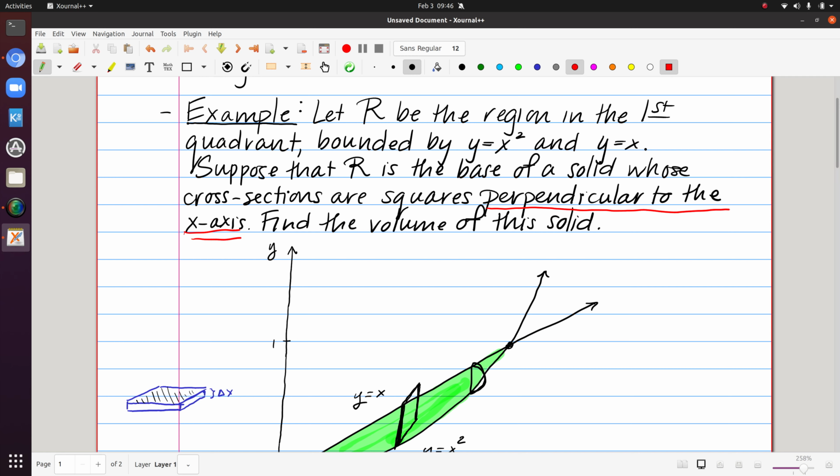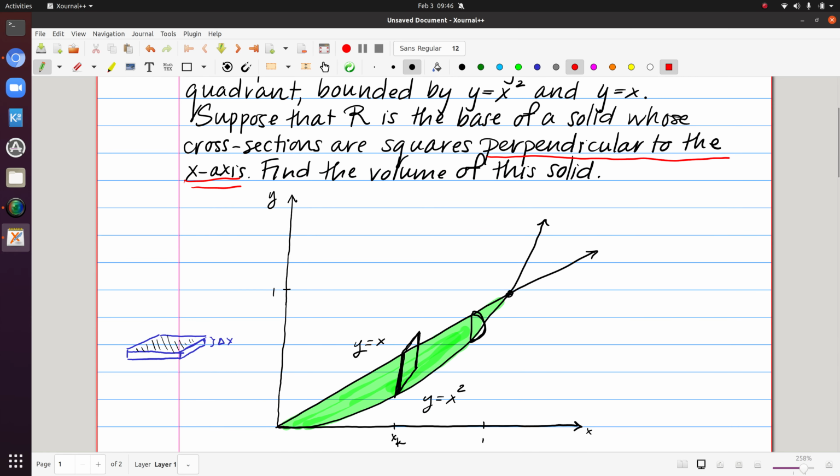If instead we were told to consider cross sections perpendicular to the y-axis, then you would integrate with respect to y. And notice that in that instance, if I wanted to find a side length or a radius, we would take the curve x equals square root of y and subtract x equals y to get a side length, or half of that to get the radius.